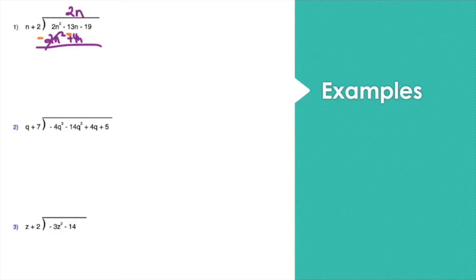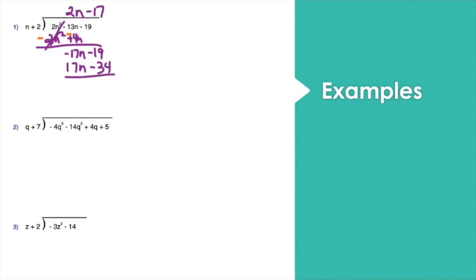This will cancel, and I'll be left with negative 17n minus 19. I'll ask myself, n times what gives me negative 17n, and that is negative 17. Multiply these together. I'll get negative 17n minus 34.